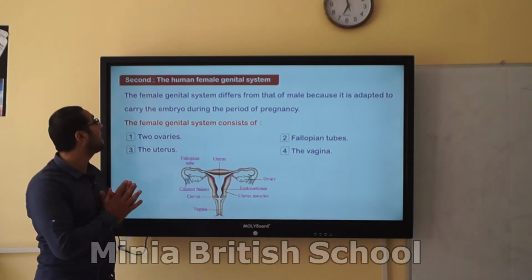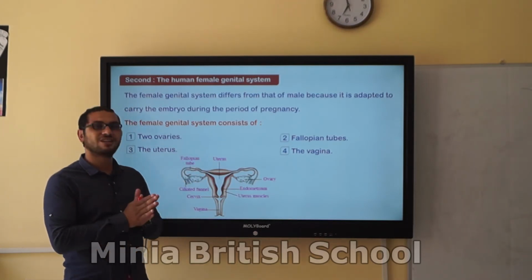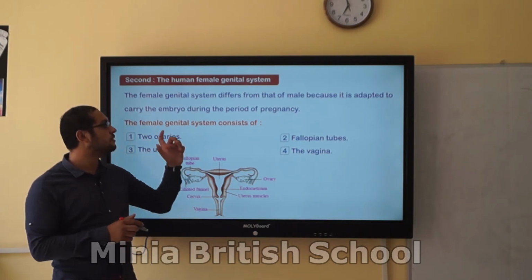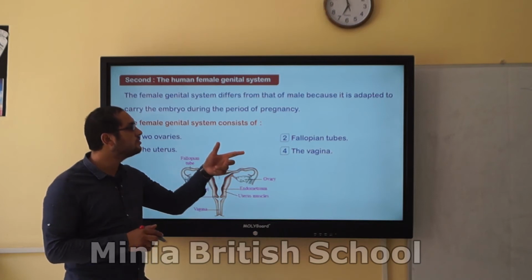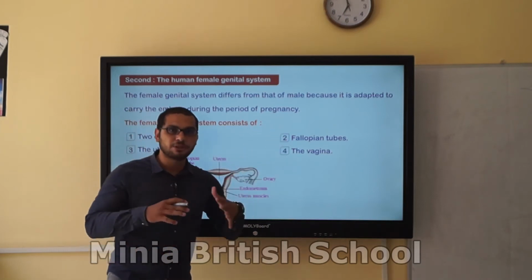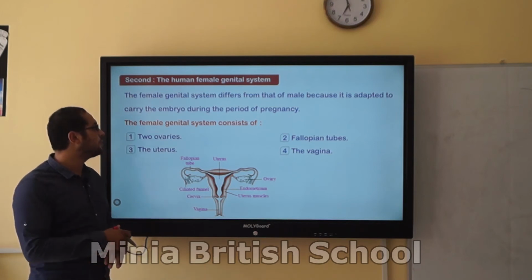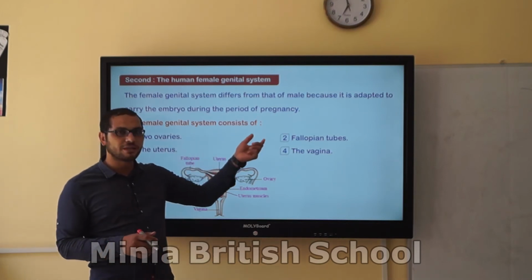Let's move on to the human female genital system. The female genital system differs from the male because it is adapted to carry the embryo during the period of pregnancy.